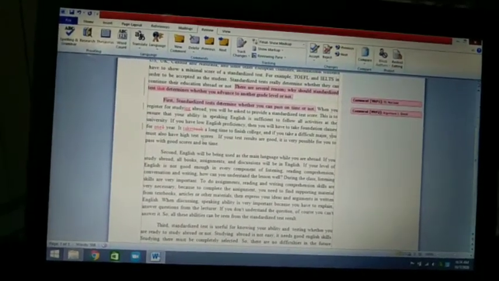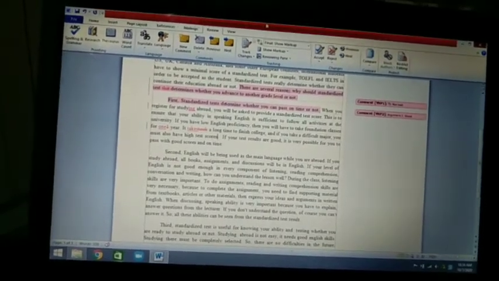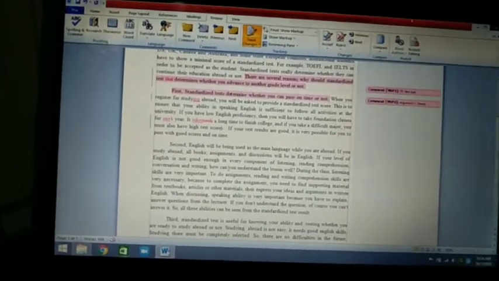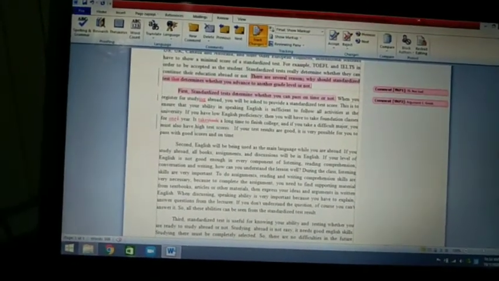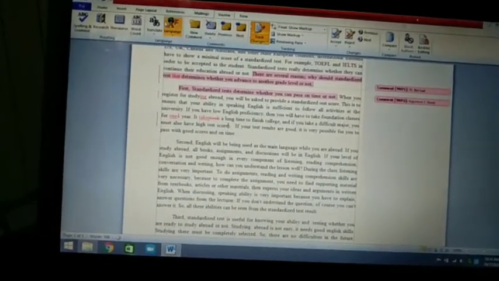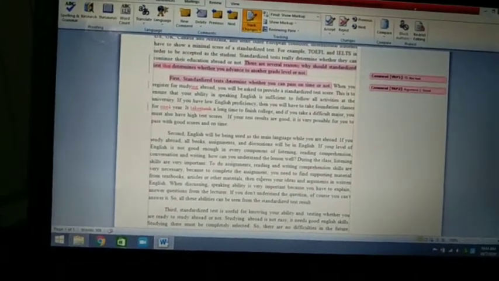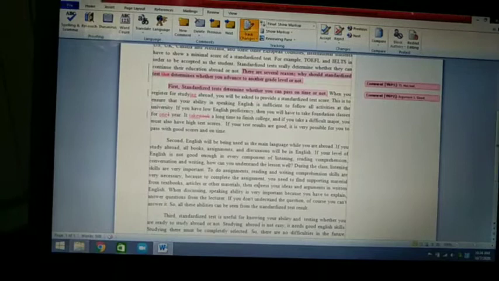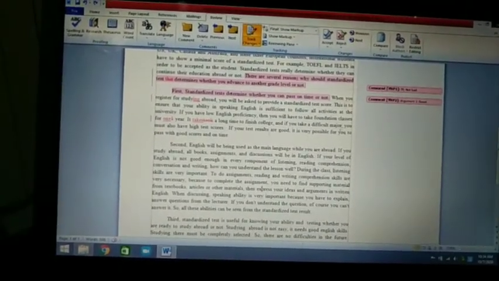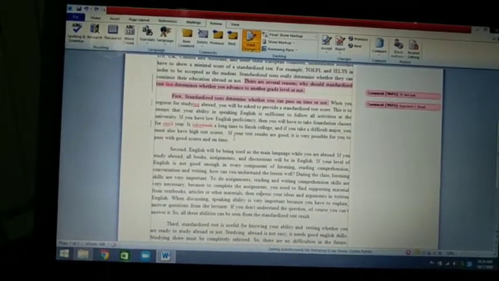Have high test scores. We don't need plural. Don't need S. You must also have high test scores. Okay. It takes a long time to finish college, and if you take a difficult major, you must also have high test scores.